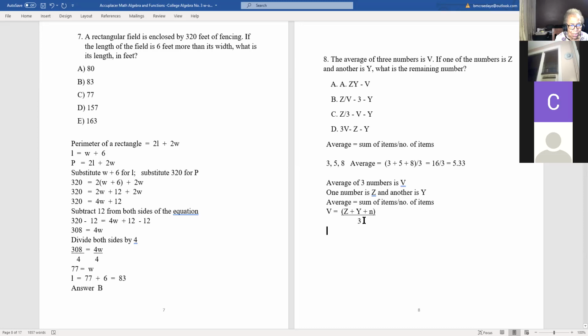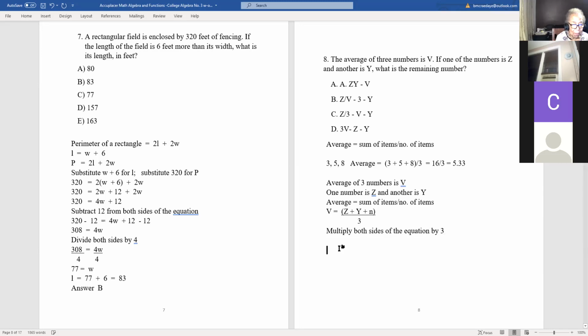You remember, you gave us one of these the other day. You see that 3? That's a division. So I want to multiply both sides of the equation by 3.